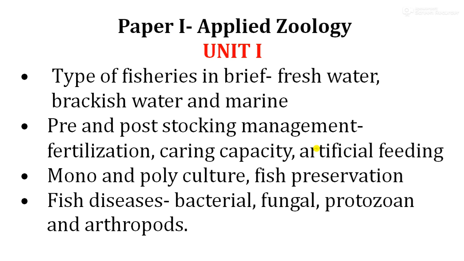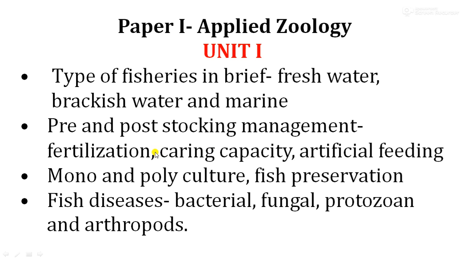In freshwater fisheries, we have to see the different resources of fresh water in India and the different fish fauna found in the fresh water. Then what is meant by brackish water, the brackish water resources and the fish fauna in brackish water. Marine water, different types of marine fisheries and the species found in marine water.